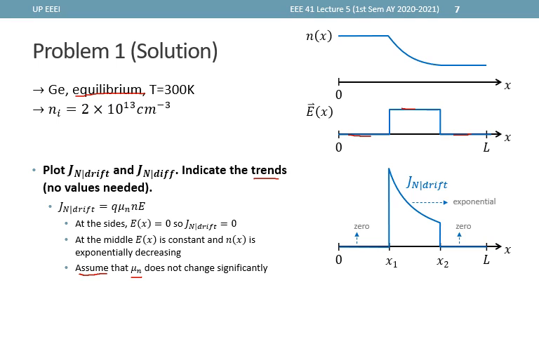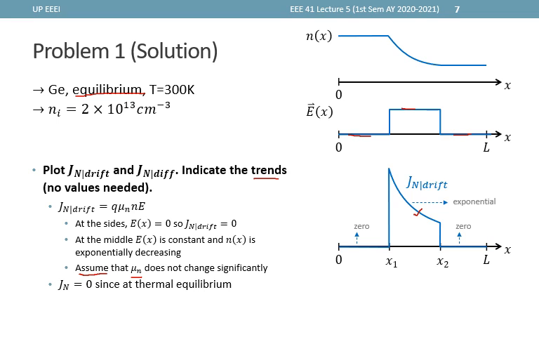And as the doping concentration changes, the mobility must change by some amount. However, again, we assume that mu n is simply a constant to be able to get this plot right here.